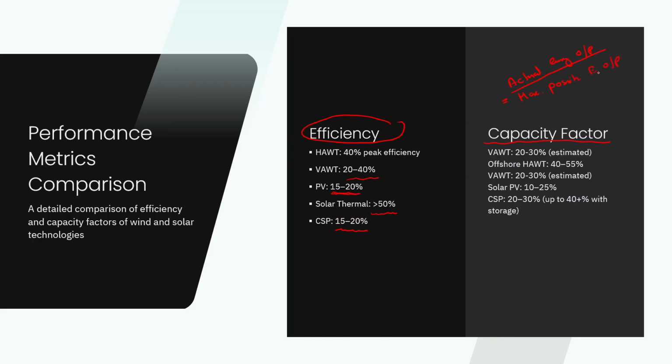That means basically how well the power plant is running throughout the year. This is for a given time period, and typically we do it for a year, right?